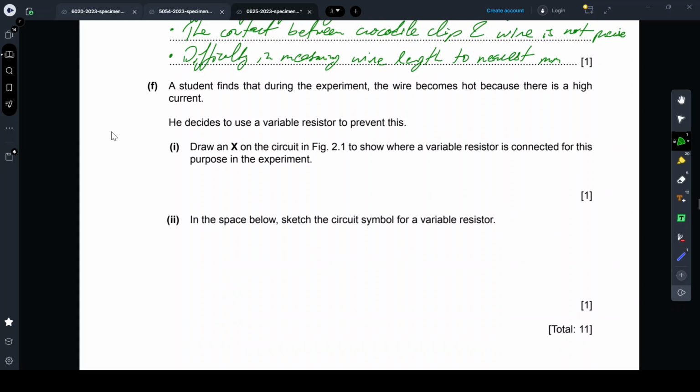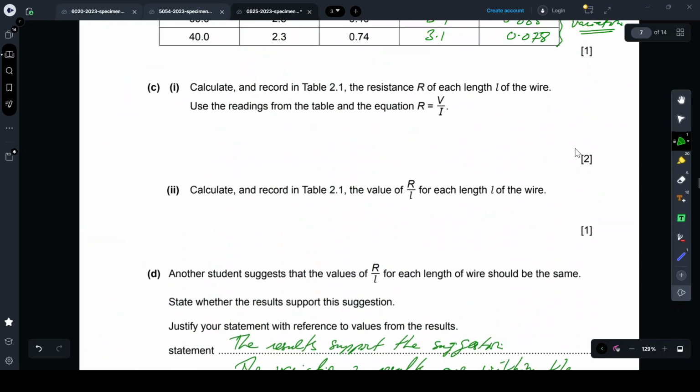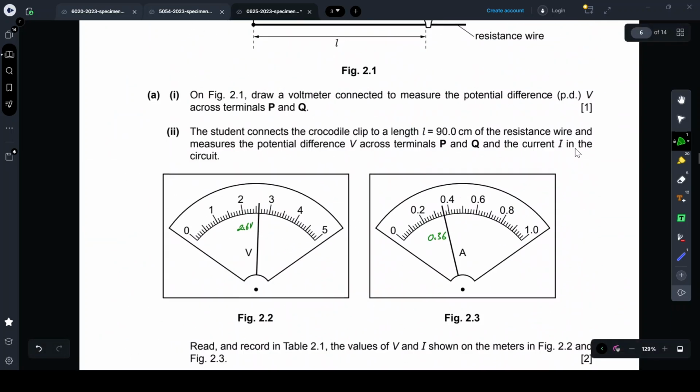A student finds that during the experiment, the wire becomes hot because there is a high current. He decides to use a variable resistor to prevent this. Draw an X on the circuit to show where a variable resistor is connected for the purpose of the experiment.